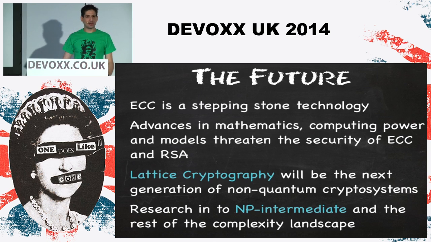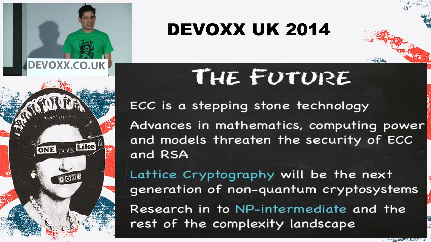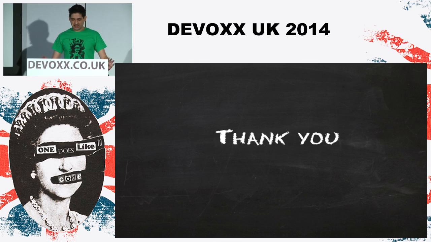Because at the moment, we know of no algorithm, even on a quantum computer, that will run in polynomial time for an NP complete problem. And the other thing is we're going to see research into this new group of problems called NP intermediate, which are somewhere between NP complete and NP hard. Again, it's kind of a mathematical curiosity at the moment, but do expect stuff to start coming out of this and back into cryptography. And I think that's it.